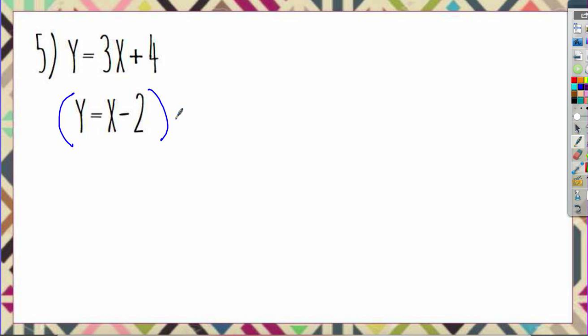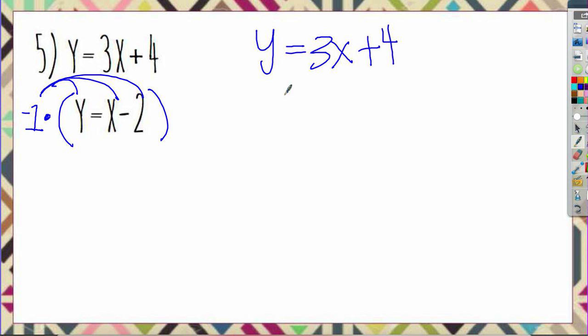When I multiply by negative, though, I have to distribute -1 to everything inside of the equation. It has to distribute. I didn't change the top one, so I'm just going to rewrite it. The bottom one becomes -y equals -x, and a -1 times a -2 gives me +2.